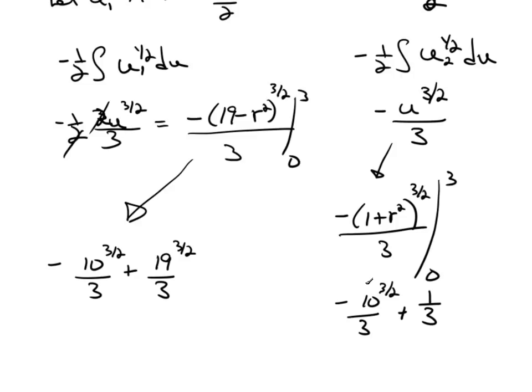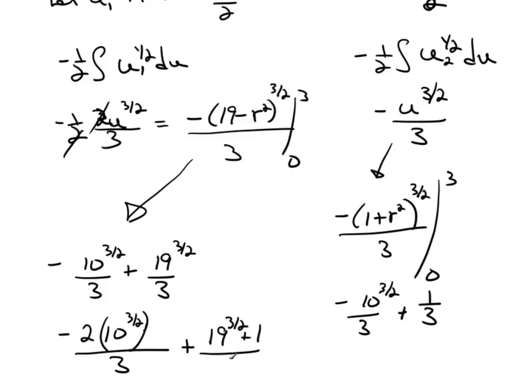So now I need to combine these two, and I'll get negative 2 times 10 to the 3 halves over 3 plus 19 to the 3 halves plus 1 over 3. And I'm just going to say that's some constant k.